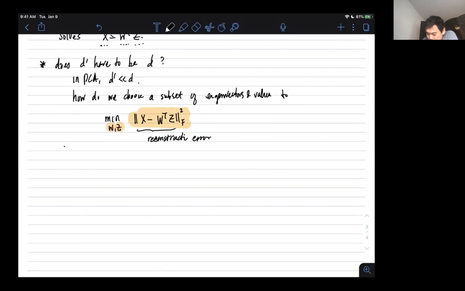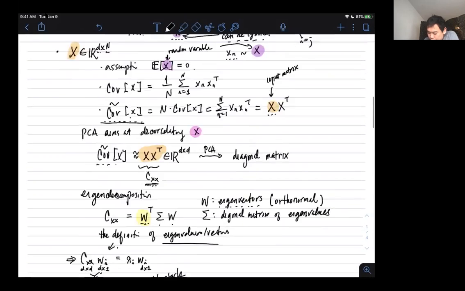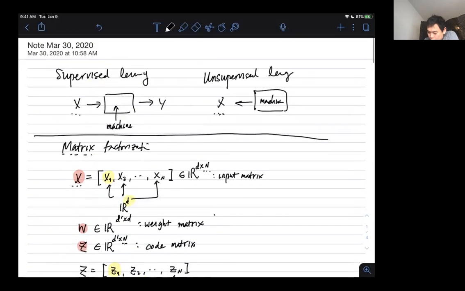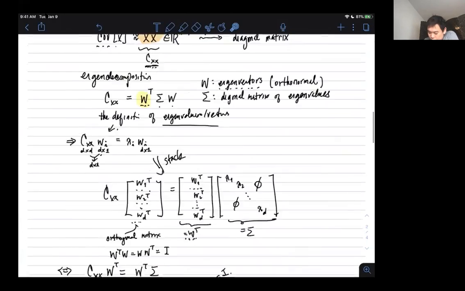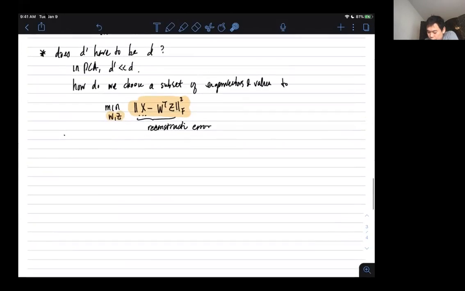We want our PCA machine to generate this X, from the corresponding code vector. Starting from our code vector, our PCA machine is going to reconstruct the corresponding input vector. And this cost function tells us the difference, that is the error in this reconstruction.